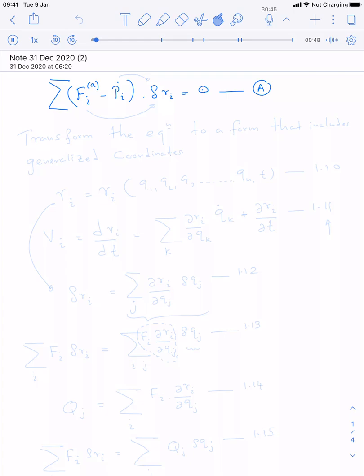Now we can transform this equation to a form that includes virtual displacements in terms of generalized coordinates.